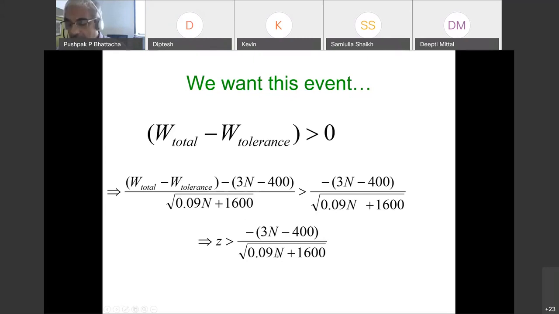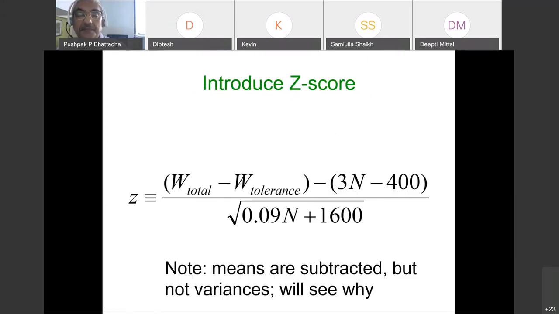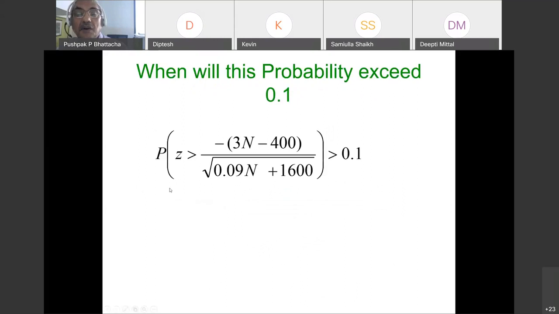Okay, so I've come to this by my algebraic steps. Now z is this quantity, W total minus W tolerance minus the mean, divided by standard deviation. And the probability of z exceeding this quantity, which is equivalent to the total weight exceeding the tolerance level, that probability should be greater than 0.1.